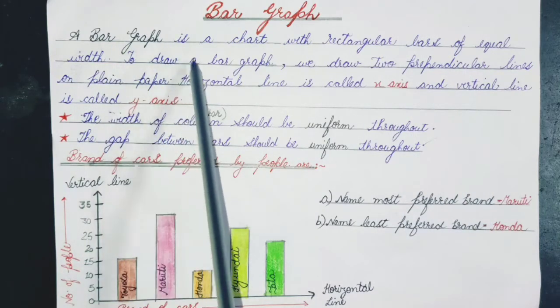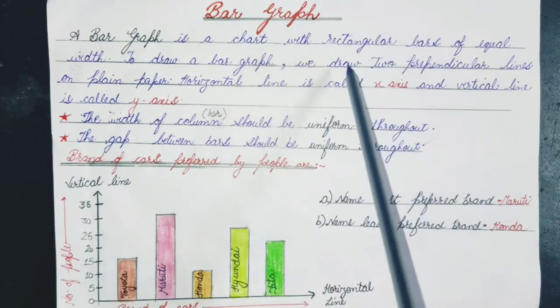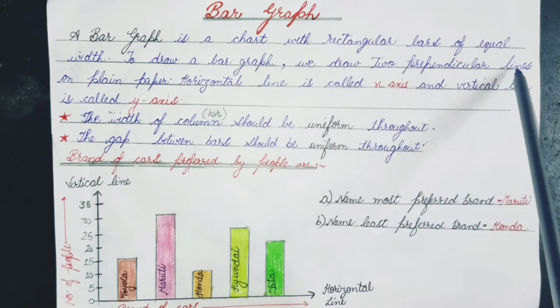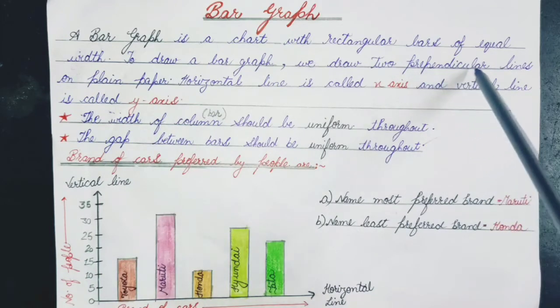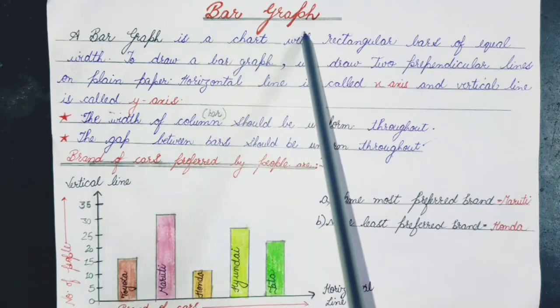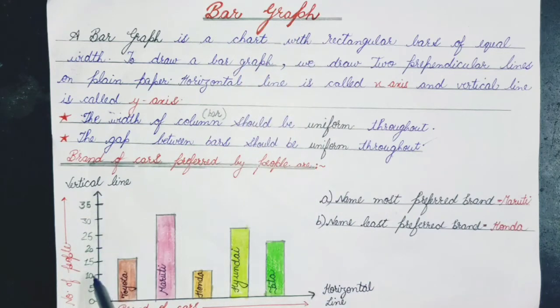When we are drawing a bar graph, we have to draw 2 perpendicular lines on a plain paper. Class, what do you mean by this perpendicular line? It means that when we are drawing 2 lines, these should be perpendicular lines, means those lines should make a 90-degree angle.